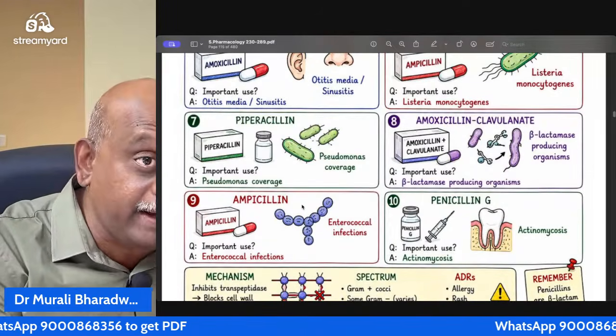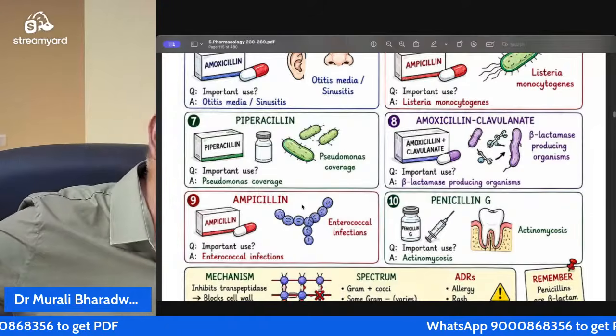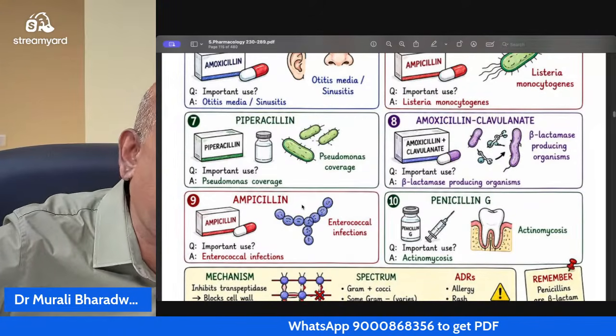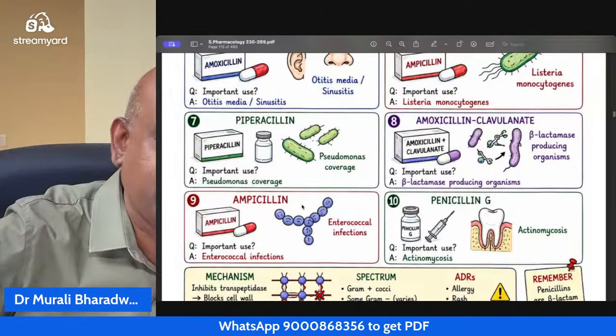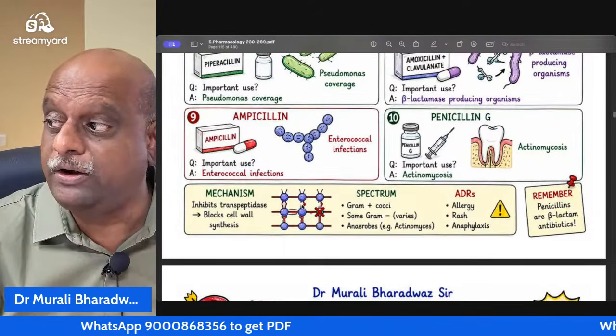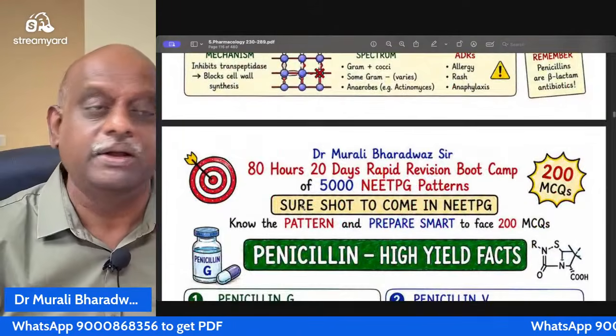Together they need to be combined in case of enterococcal infections. Remember, it's called synergistic antibiotic activity. Penicillin G is also used in actinomycosis, is what we need to remember.